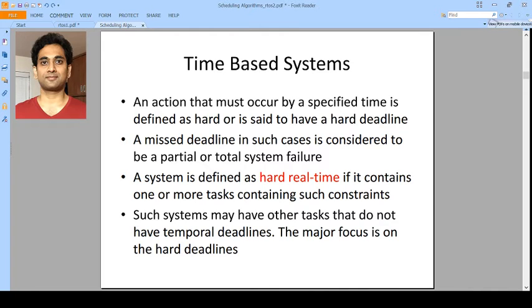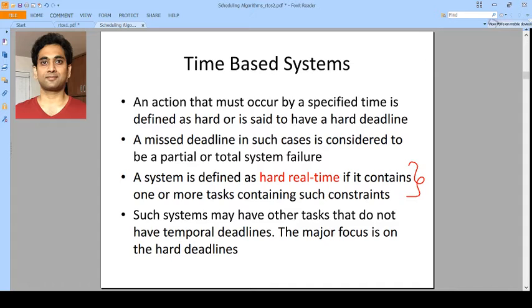So if the deadline is really hard and failing to meet a deadline constitutes failure of the system, then such a system is called a hard real-time system, and such a deadline is called a hard deadline. So a hard real-time system is a system that contains one or more tasks that have hard deadlines.